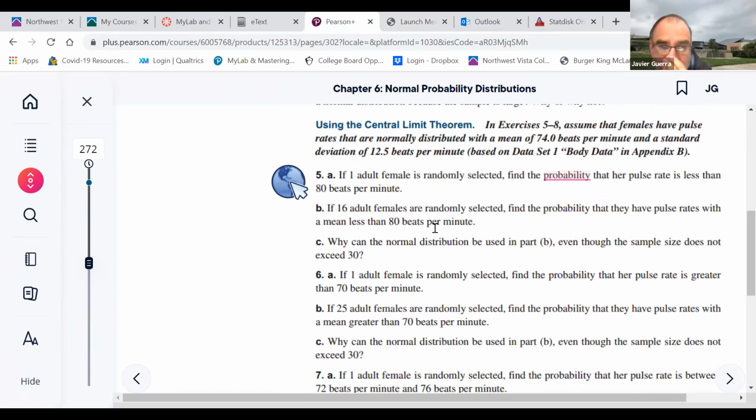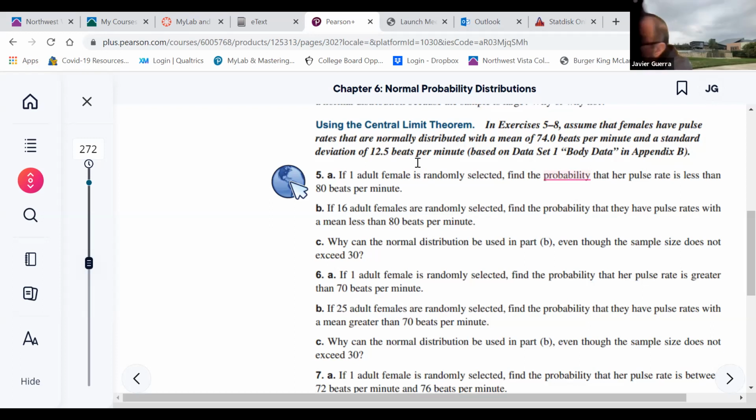How many samples are they doing on part B? Is it 1 or is it multiple samples? Multiple. Yes, that's right. So what is your N for letter B? How many samples are they conducting? 16. All right.